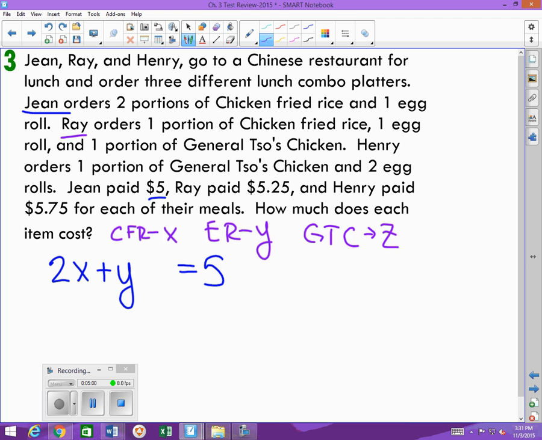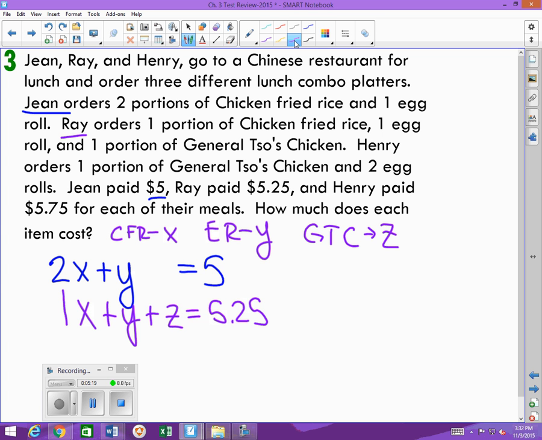Then for Ray, he had 1 order of chicken fried rice, 1 egg roll, and 1 order of General Tso's chicken, and he spent $5.25.